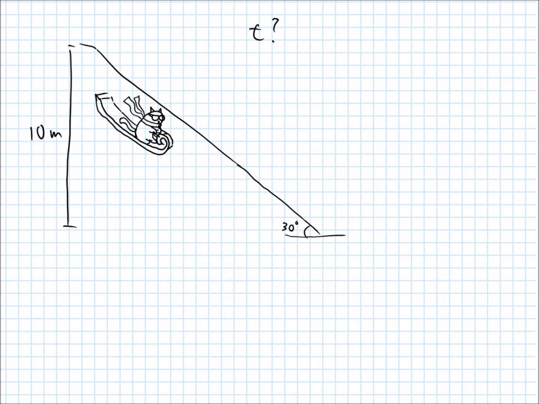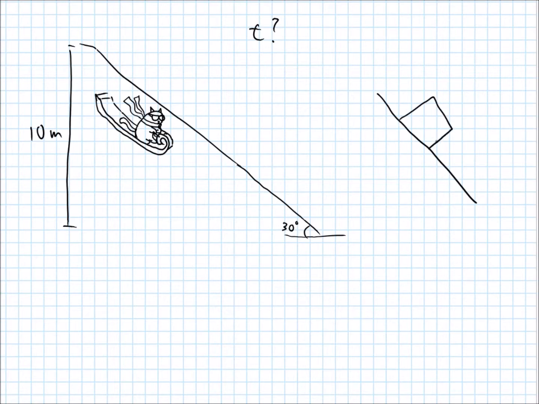So let's start with a free body diagram. Now this slightly complicated picture isn't really a free body diagram, so let me make more of a simplified free body diagram. I'll do it over on the side here. So this is my slope, a little steep. That's my slope.